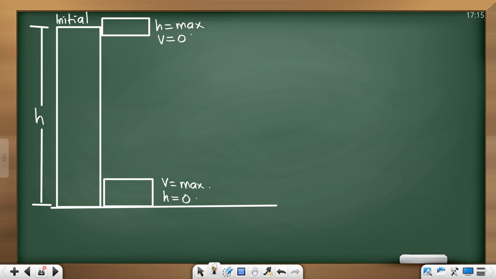Two things are kept constant: m and g. The mass of the object is kept constant, and the acceleration due to gravity, which acts downward, is also kept constant.